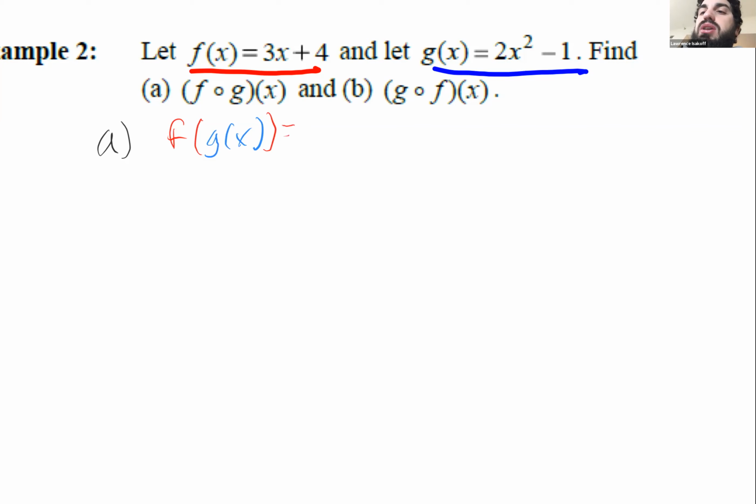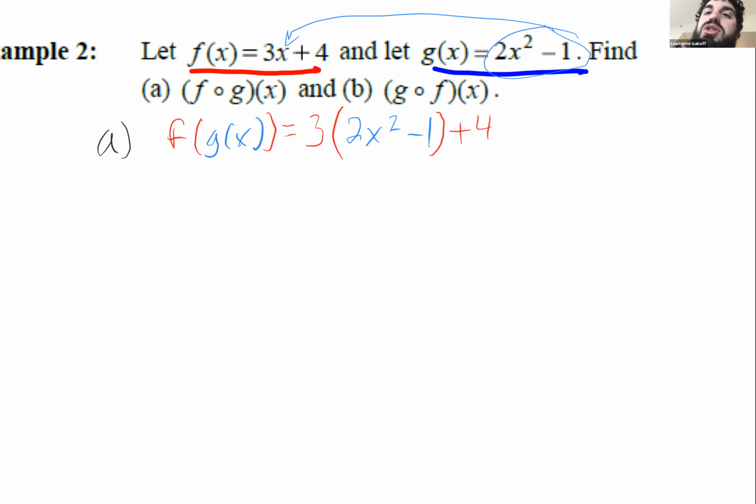So this is going to be 3. Now I'm going to use parentheses since it says x. I now replace that with g of x, 2x squared minus 1. Basically, all I'm doing is substituting this in for x for part A. And then keep it going, plus 4.